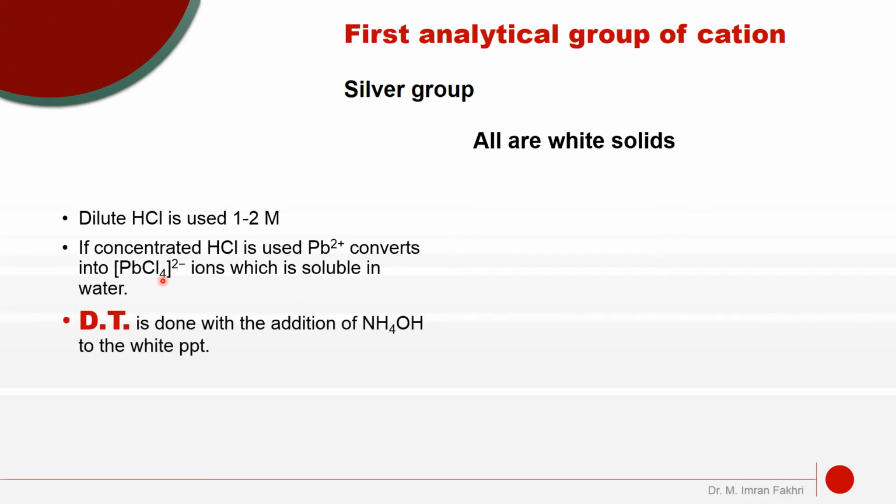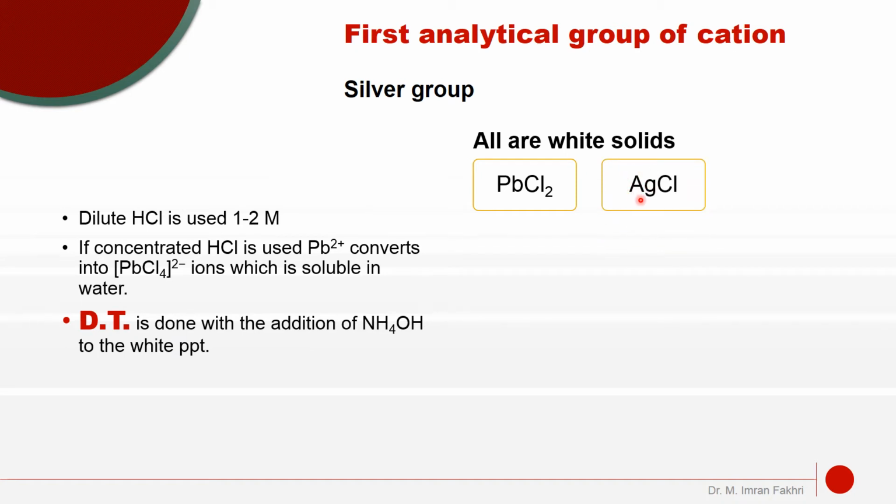We know that all are white precipitates. The first group cations have insoluble chlorides, and they all are white precipitates. We have to perform the distinguishing test with the addition of ammonium hydroxide to the white precipitate. After the addition of HCl into the original solution, white precipitate is obtained for lead 2 positive ion, which means lead chloride is formed.